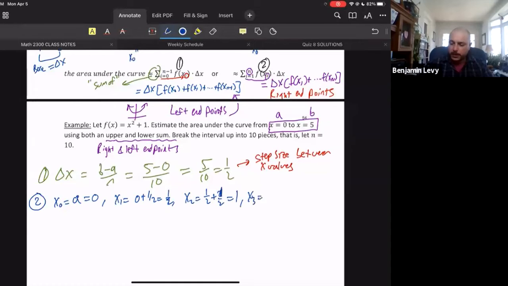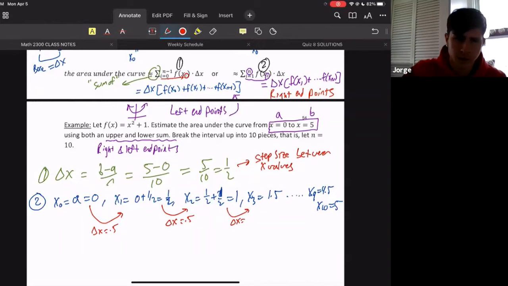Just keep on stepping along all the way to the very last point, which is 5. Hopefully you're with me that each one of these, delta x equals 0.5.